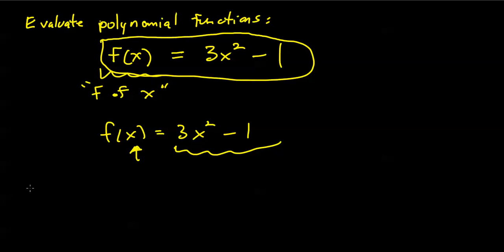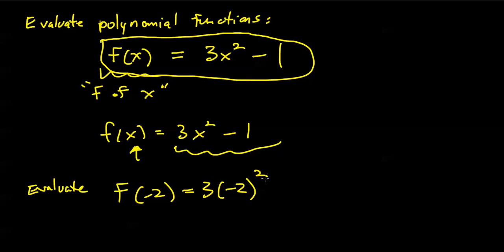For example, if I want to evaluate f of minus 2 for this above function, all I do is substitute a minus 2 for x and grind out a number according to my order of operations. So minus 2 squared is 4. 4 times 3 is 12. And 12 minus 1 is, of course, 11.